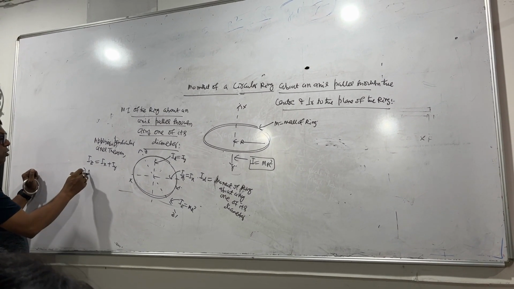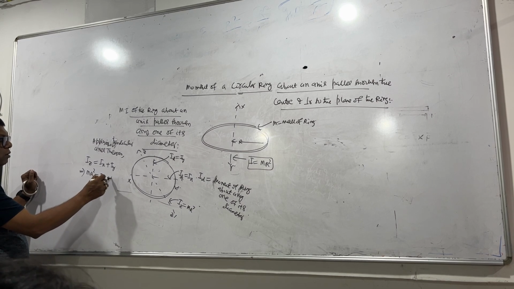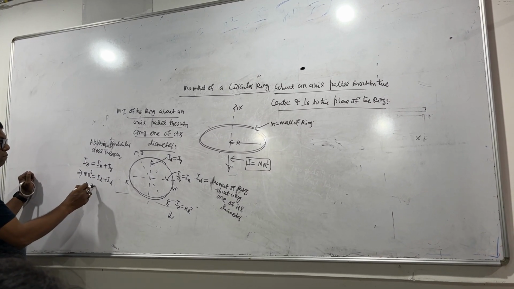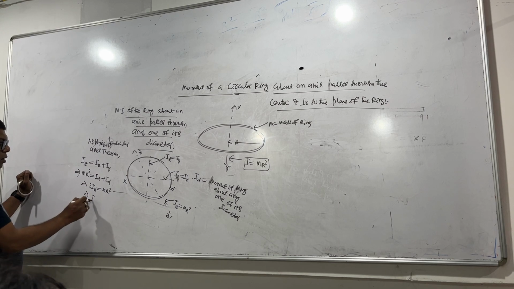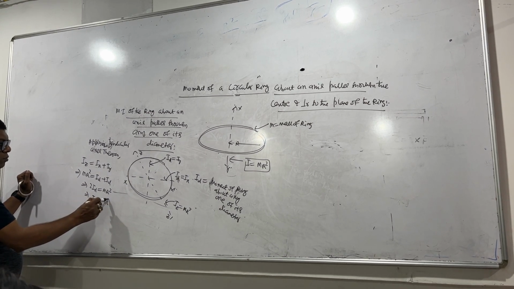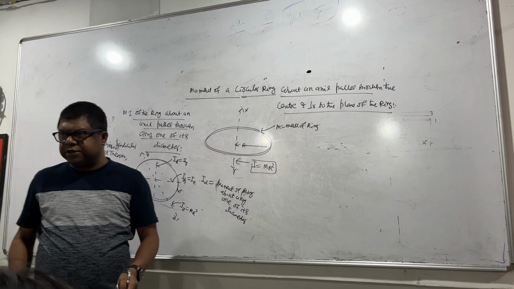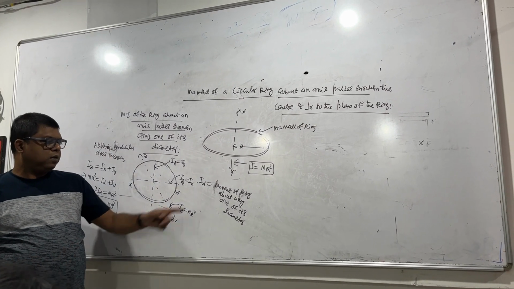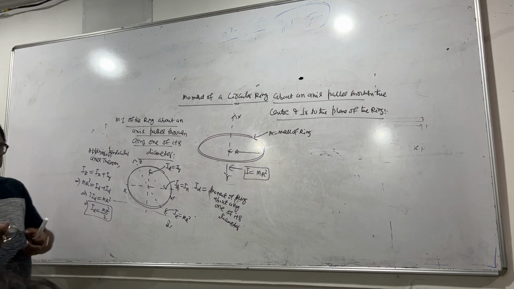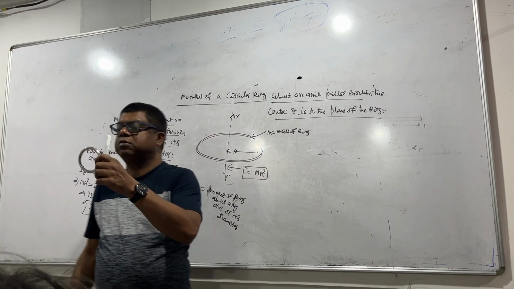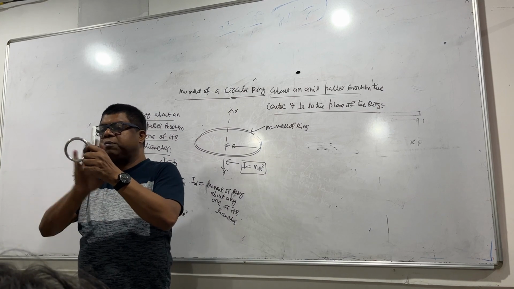Iz is equal to mr^2, which is equal to Id plus Id. That is 2Id is equal to mr^2, and Id is equal to mr^2 by 2. This is the moment of inertia about any one of its diameters, equal to half mr^2. Then the moment of inertia about the tangent parallel to the plane of the ring. This is the tangent parallel to the plane of the ring.